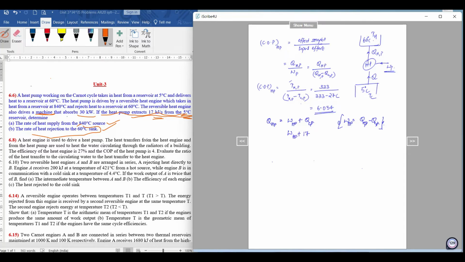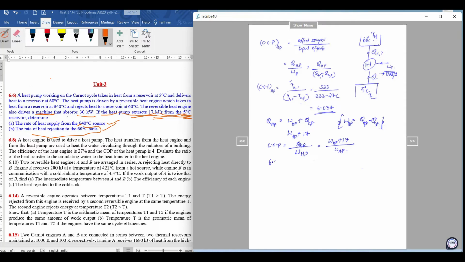Now substituting that, we have W of HP, 17. So how are we getting this? Here it is given in the problem: Q of CP is 17 kilojoule per second, the heat extracted from the cold reservoir. Right? So now substitute this back, but we also know COP formula is equal to Q of HP by W of HP, which I can write as W plus 17 by W of HP. Right?